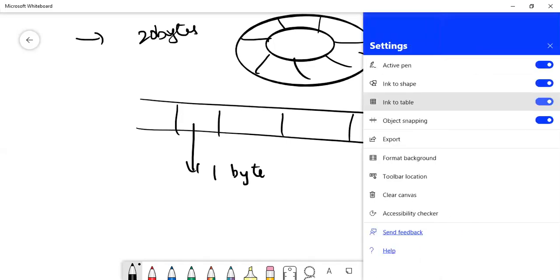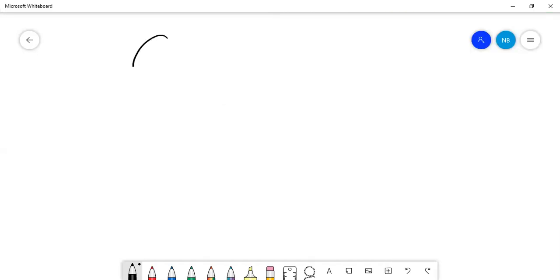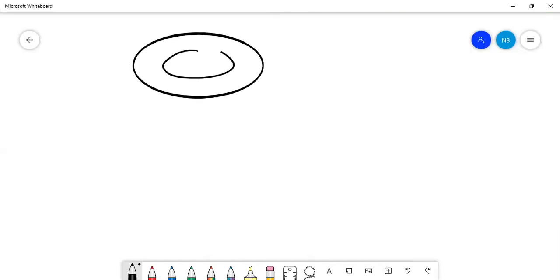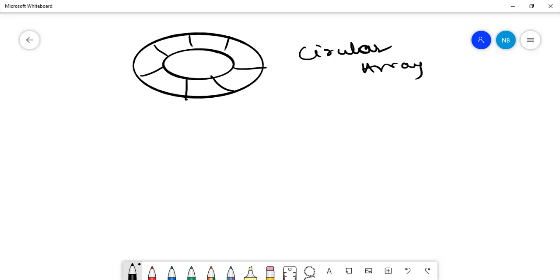Let me write here, as I've drawn here. This is the circular array, and each location is of 1 byte size.